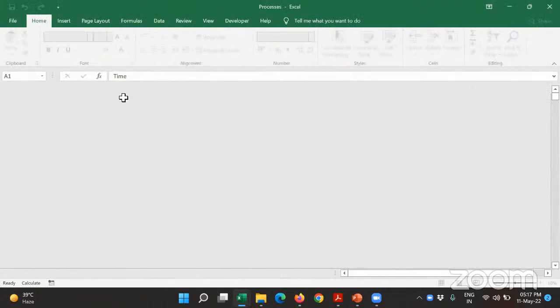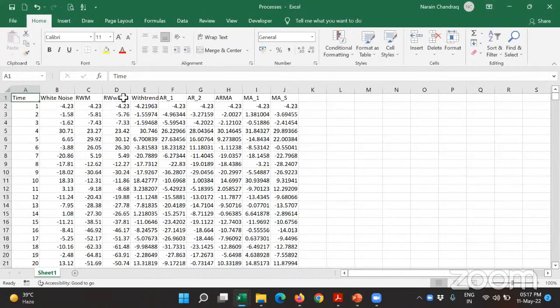I have some simulated data sets with me, and they represent some aspects of stationary and non-stationary time series. Let me hook up some of these data sets for you.